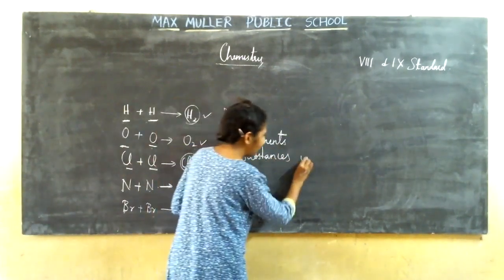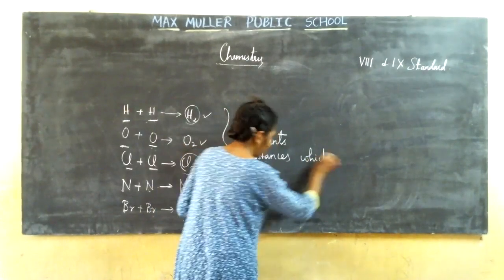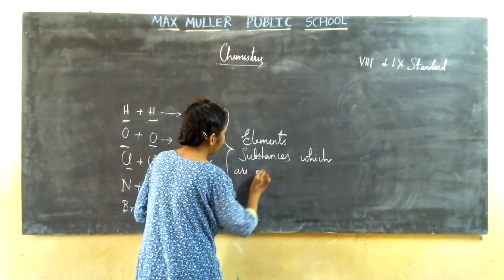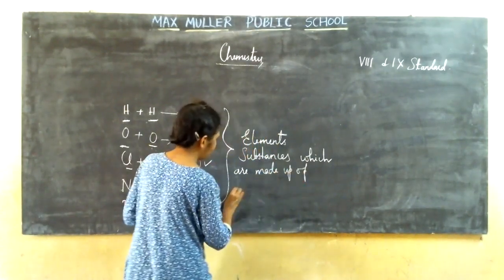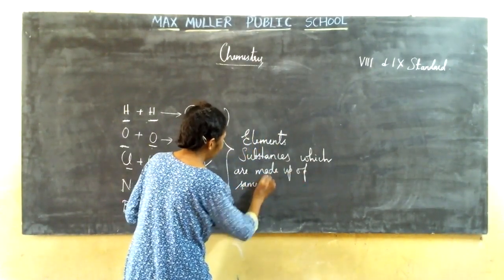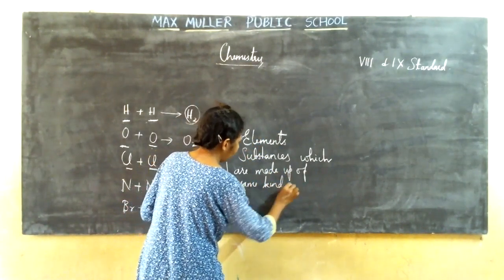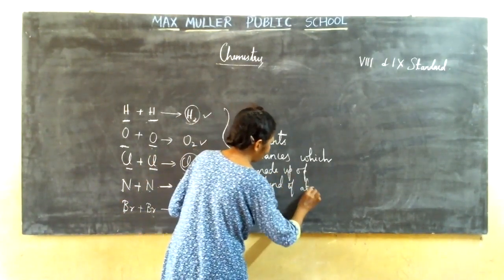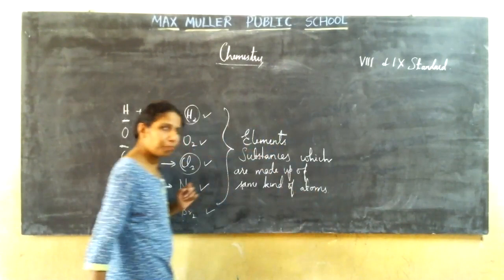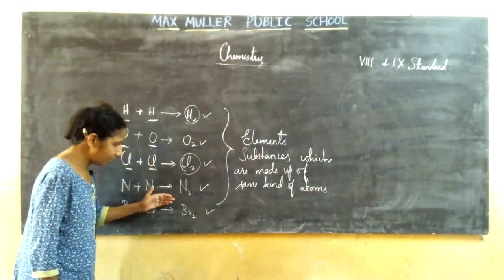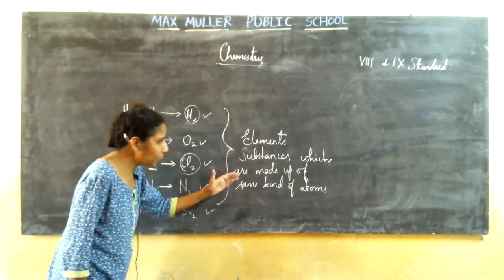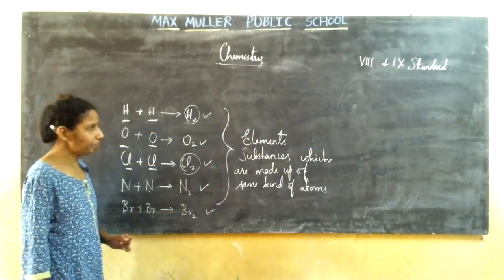They are the substances which are made up of the same kind of atoms. Do you people understand this? Elements are the substances which are made up of the same kinds of atoms.